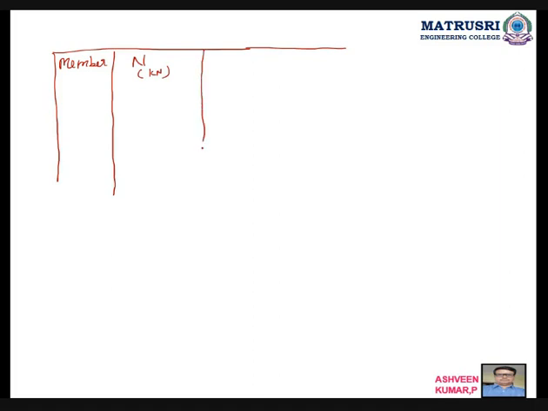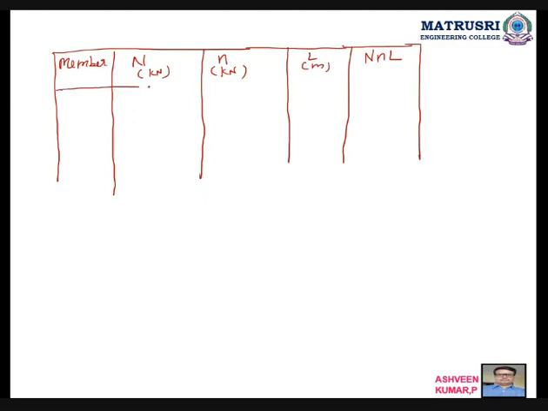Then small n also in kilonewton. Then I will take length of the member in meter. Then I will take capital N, small n into L. So now we go for all the members. Whatever the members are there, you write it.